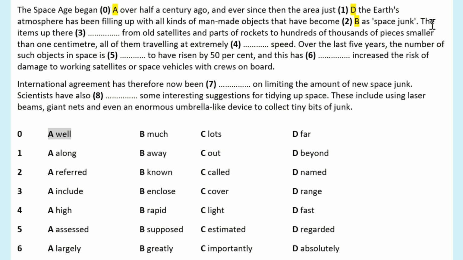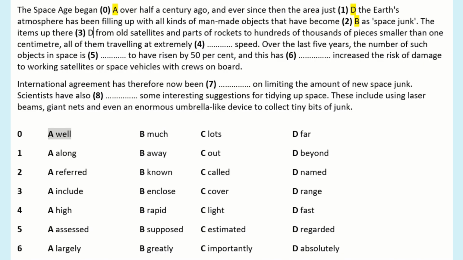So the next one, number 3, the items up there. And the answer is D, range. Now, the reason it's range is that if we read the next part of the sentence, it says range from old satellites and parts of rockets to hundreds of thousands of pieces smaller than 1 centimetre.